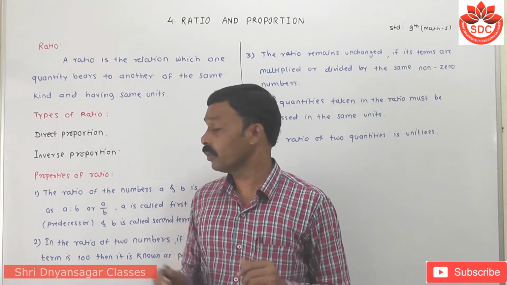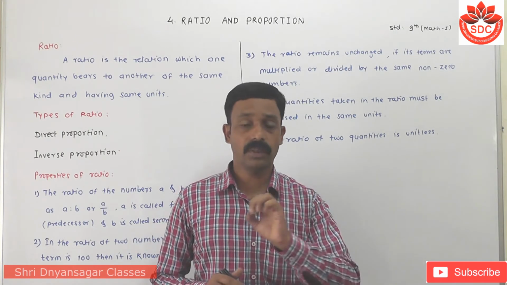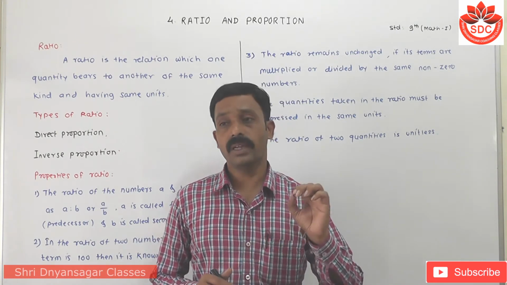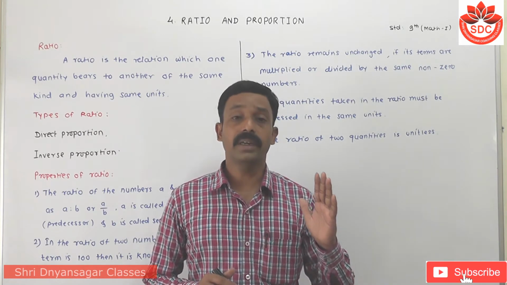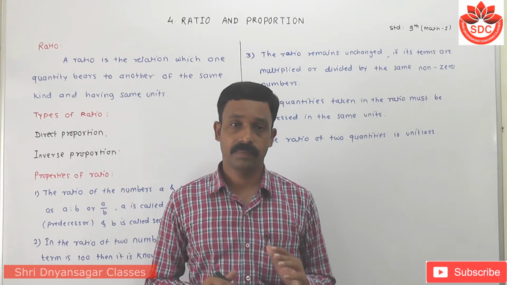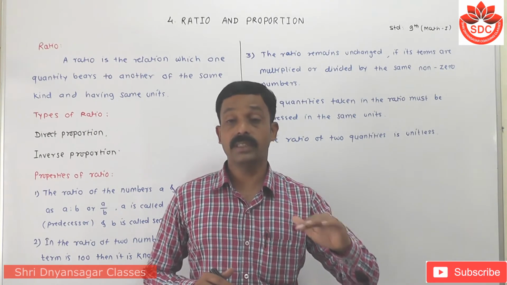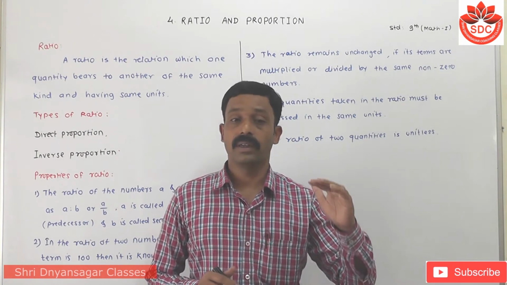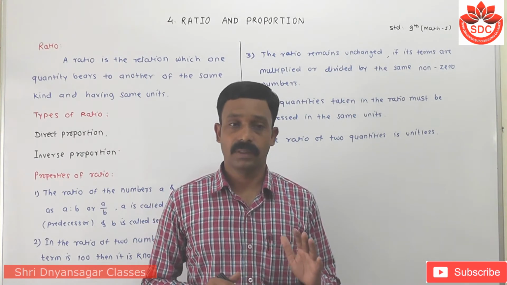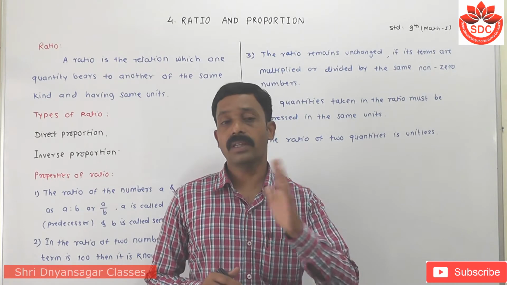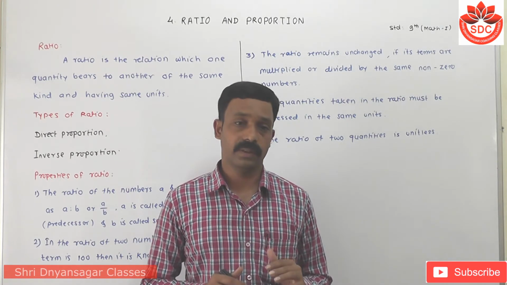For inverse proportion, we take the second example: the speed of a vehicle and the time taken. Suppose at 20 km per hour it takes 6 hours, and at 30 km per hour the time required is 4 hours.